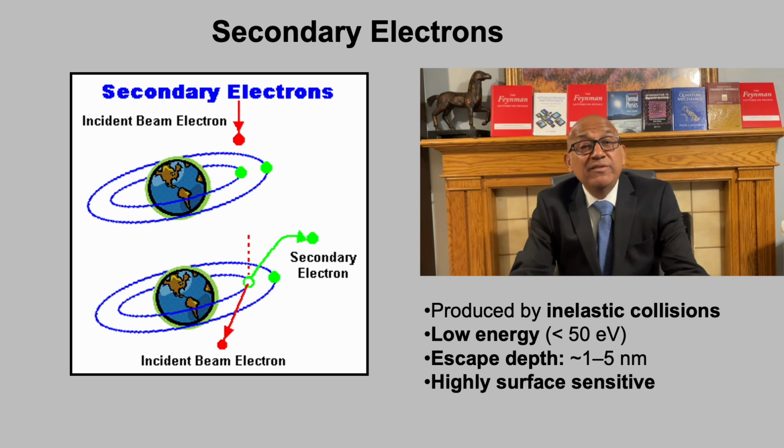As we saw in the previous lecture, this is why secondary electron imaging is the primary mode used for high-resolution topographic imaging in SEM. Their low energy limits chemical information, but it provides excellent spatial resolution for surface structure.